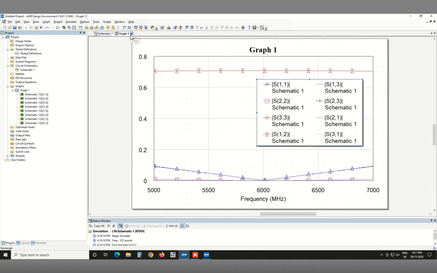In some sense, this question really has no meaning because they are different ports. But from what you just went through in the calculation, what I'm asking is, why is port 1's matching from 50 ohms getting worse faster with frequency as opposed to that of port 2 and port 3? Port 2 and port 3 are basically the same.